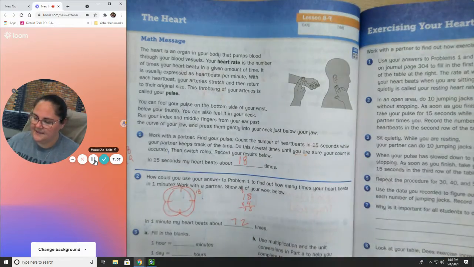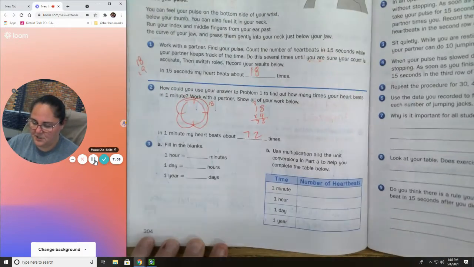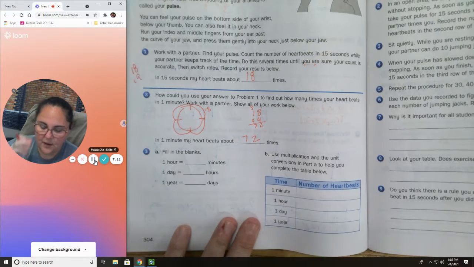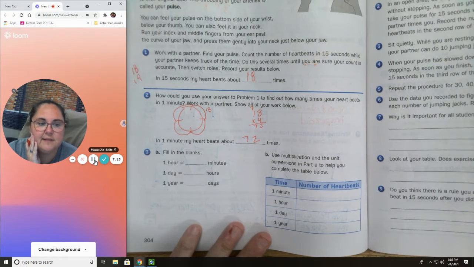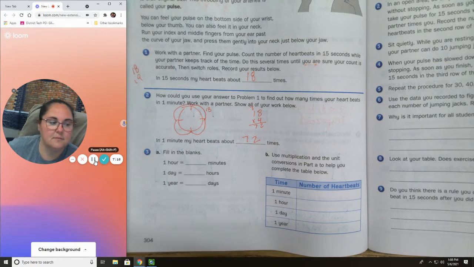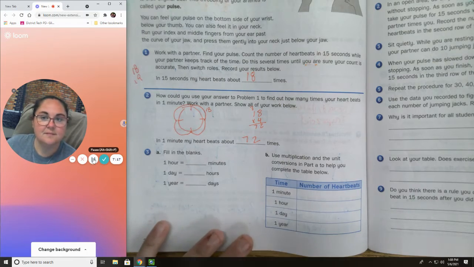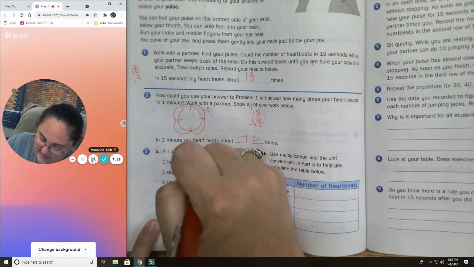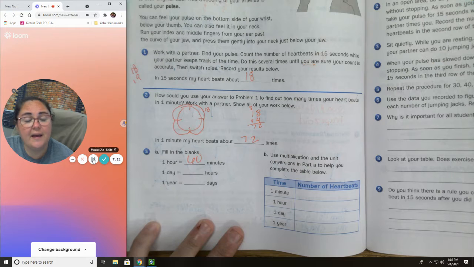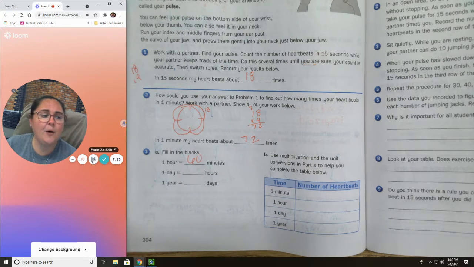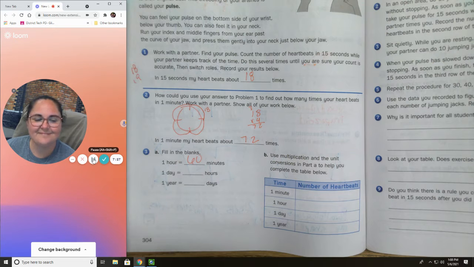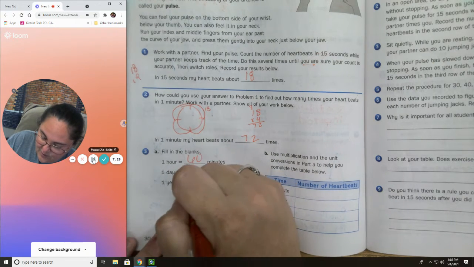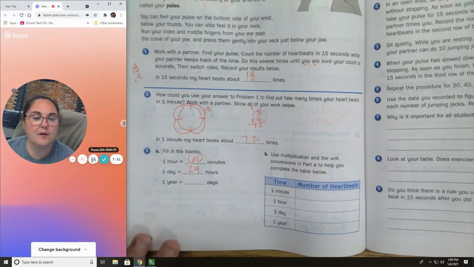All right, let's go to the next part of our question. It says fill in the blanks. 1 hour equals how many minutes? 1 hour equals 60 minutes. Okay, 1 day equals how many hours? Well, 1 day is the same as 24 hours.